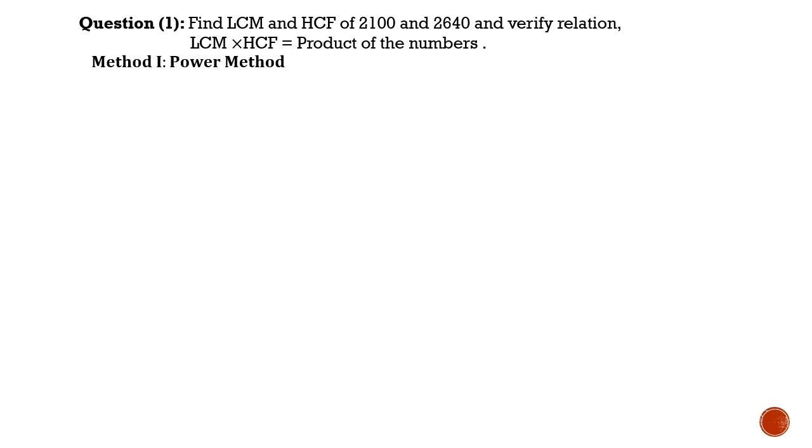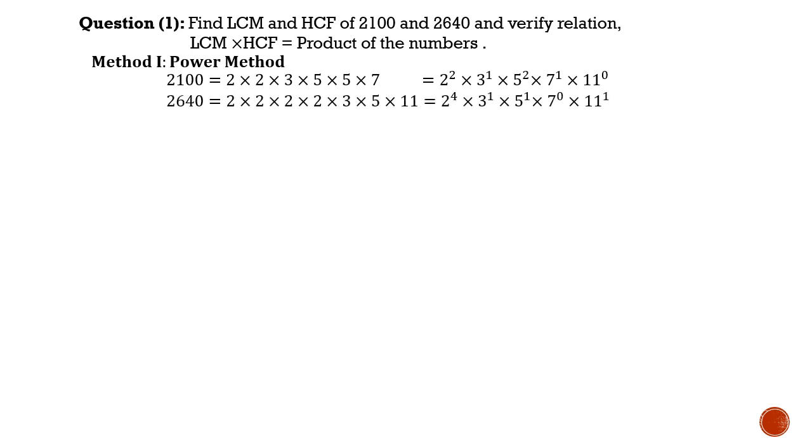So first of all, we will do the prime factorization of 2100, which can be written as 2 into 2 into 3 into 5 into 5 into 7. This you can do easily. Then we will do the prime factorization of 2640, which is 2 into 2 into 2 into 2, 2 will appear 4 times, into 3 into 5 into 11. Now, what are we going to do?